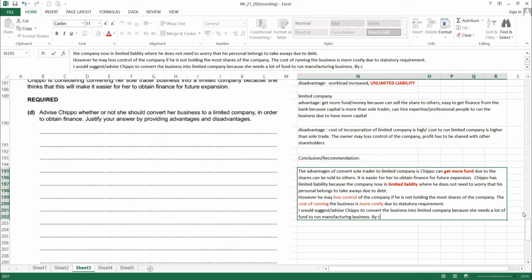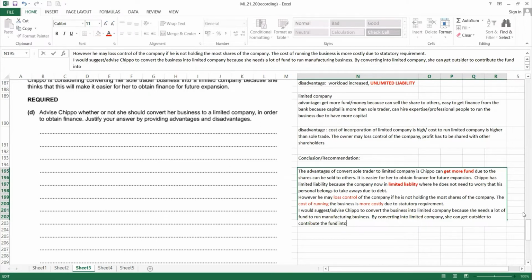By converting into limited company, she can get outsiders to contribute funds into the business.